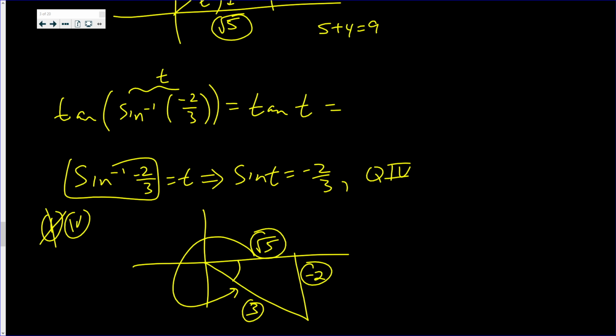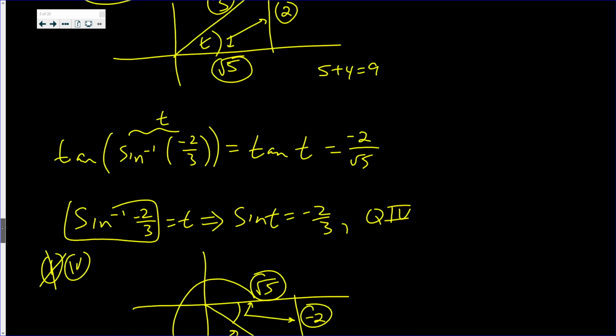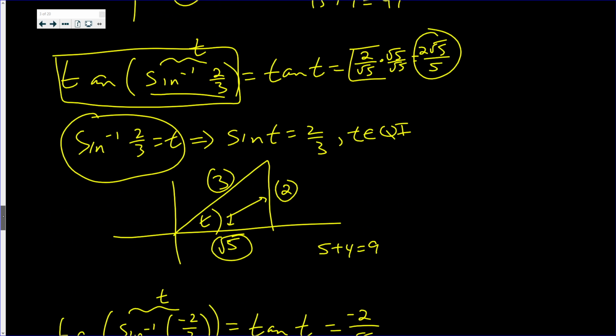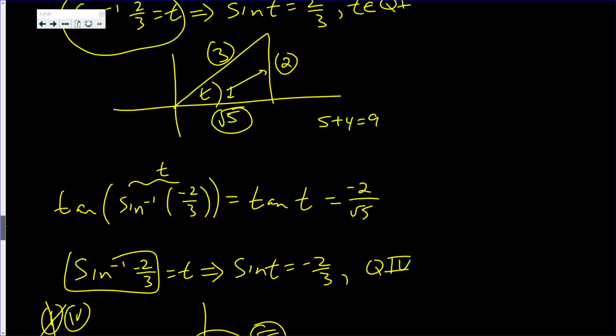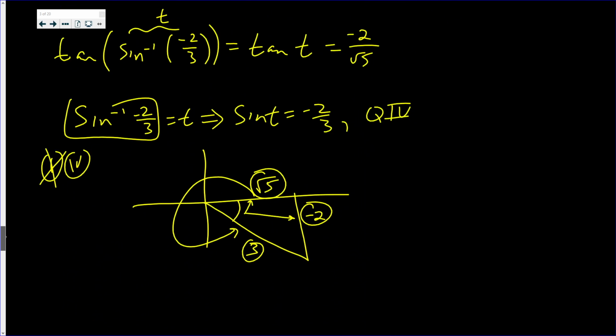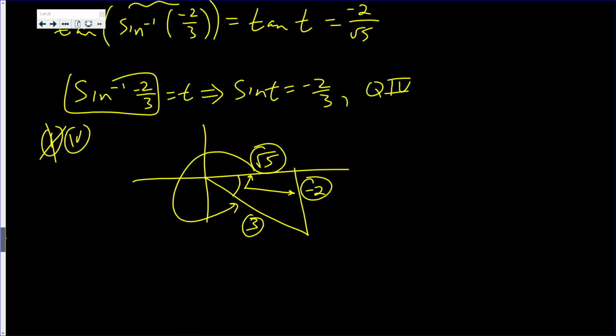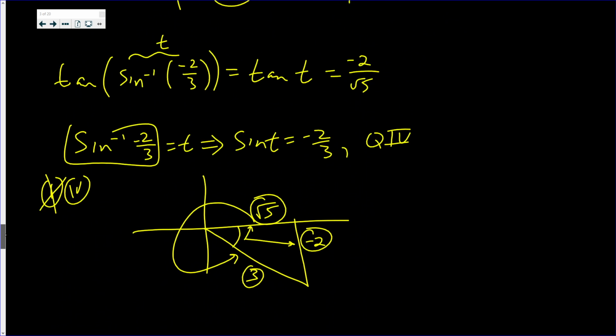Now we want to know the tangent of this reference angle. Well, it's opposite over adjacent. It's negative 2 over square root of 5, which really makes me want to look at the last problem, which means we're doing the same problem again, and I'd be embarrassed if I got a different answer.